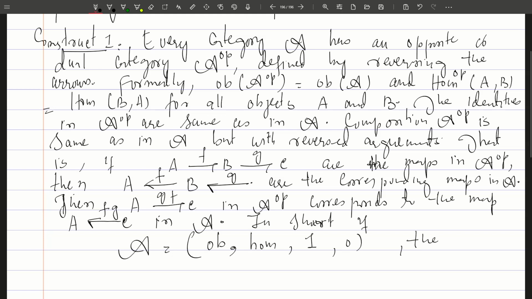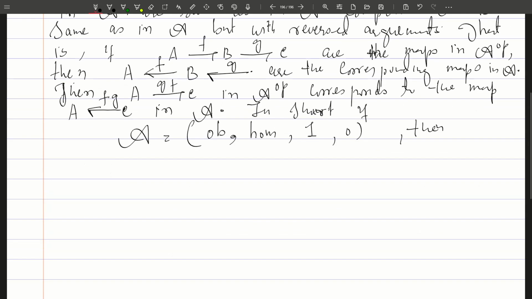Then what happens in the opposite category is that the objects remain the same. The morphisms, their direction gets changed. The identities remain the same, and the composition also changes. So this is what we mean by the opposite category.